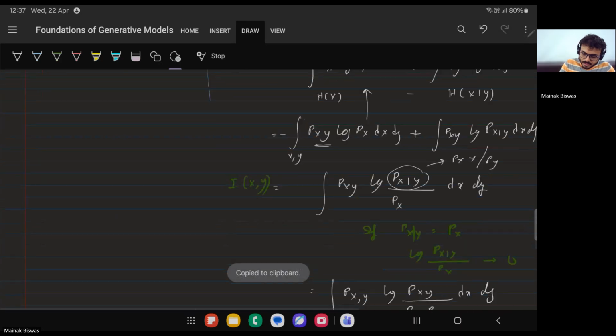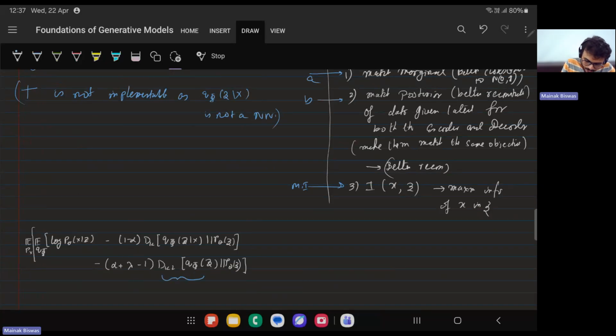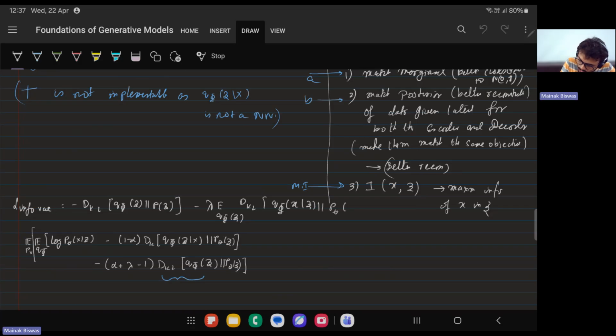So we want to show that L info-VAE is equal to minus DKL of q phi of z given x, p theta of z, plus lambda times the expected value over q phi of z of DKL of q phi of x given z, p theta of x given z, plus alpha times the mutual information between x and z, to be equal to this term.